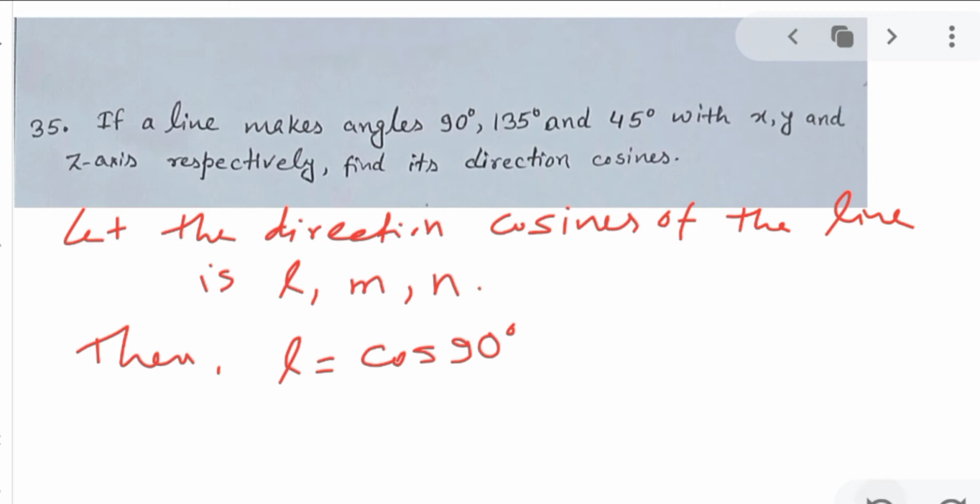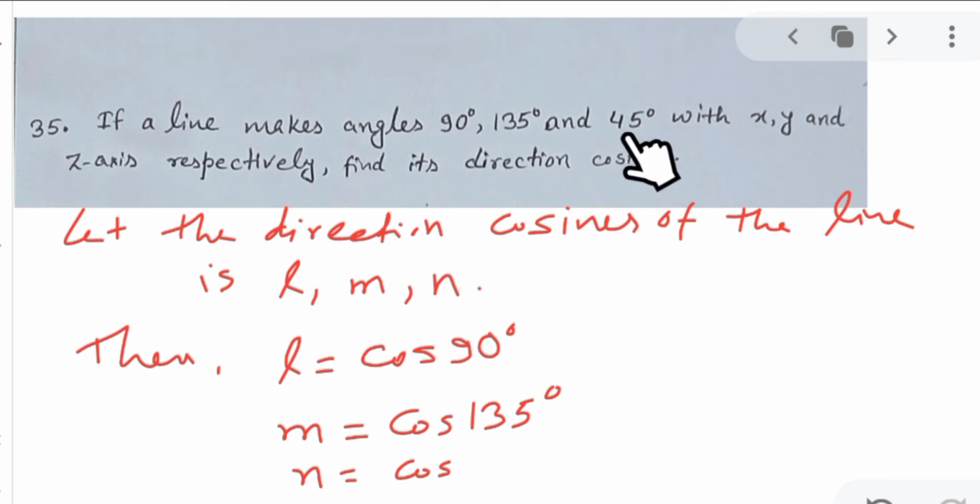Similarly with the y-axis, 135 degree. So M will be cos beta, and beta is given as 135 with the y-axis. And N will be cos gamma, where gamma is the angle with the z-axis, and the angle with the z-axis is 45 degree, correct?